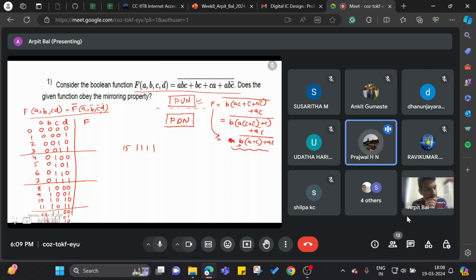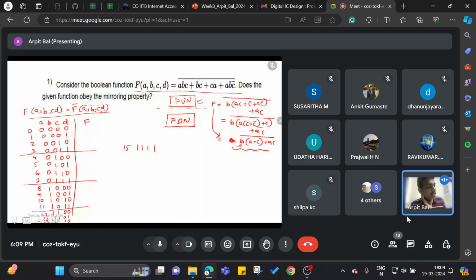We don't need to take D, because D is not present in this function, but because the inputs are mentioned as A, B, C, D, that's why I have mentioned D. So in the truth table, you only need to observe the ABC part.